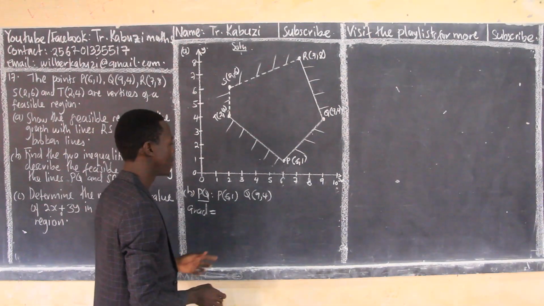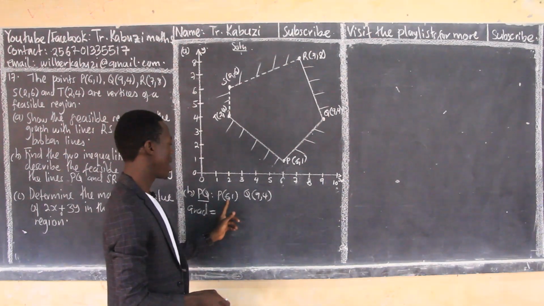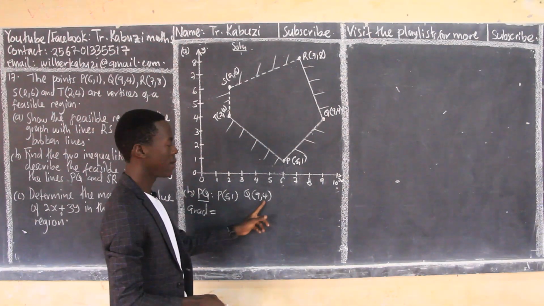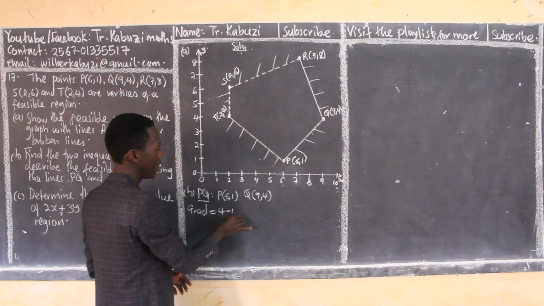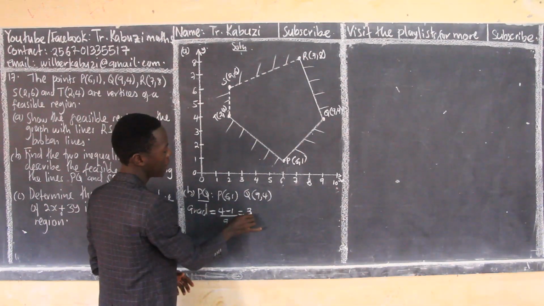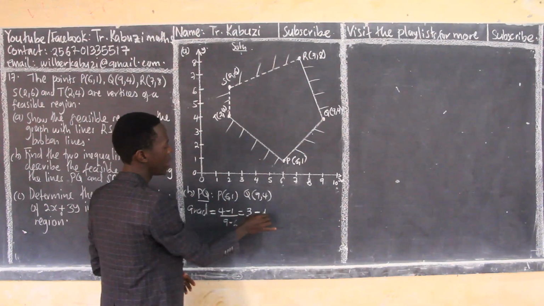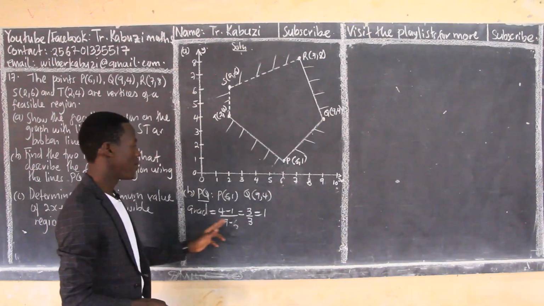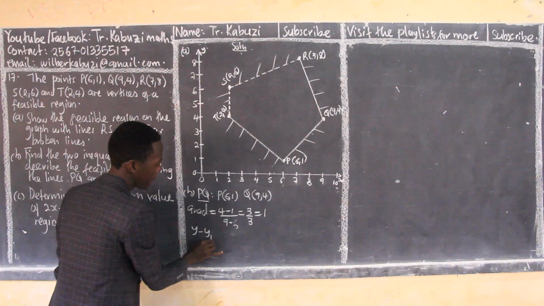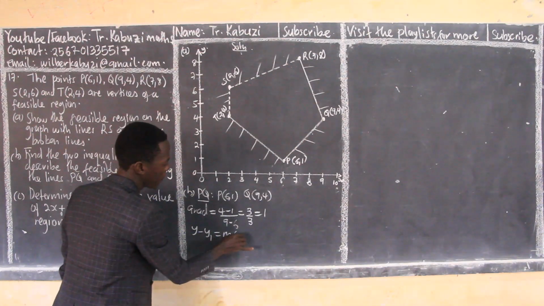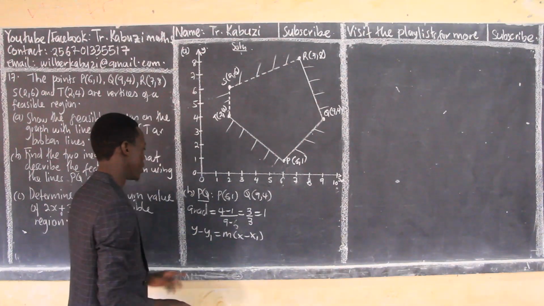The gradient between 2 points, we say (y2 minus y1) over (x2 minus x1). So 4 minus 1 over 9 minus 6. This will give us 3 over 3, which is 1. So now we have the gradient of the line PQ. So we use y minus y1 equals m times (x minus x1).